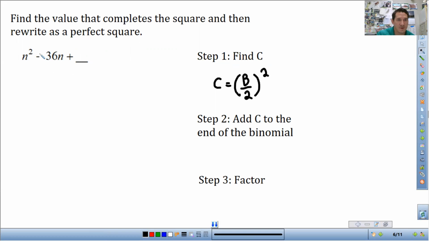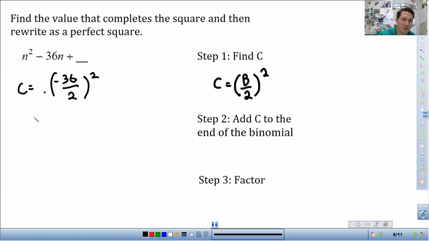First thing, we have n squared minus 36n. We are going to find the c value that makes this a perfect square trinomial. So c is equal to b divided by 2, squared. The b value in this case is -36, so we take that middle term, divide it by 2, and then square it.